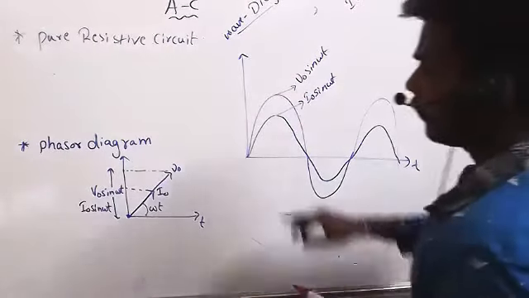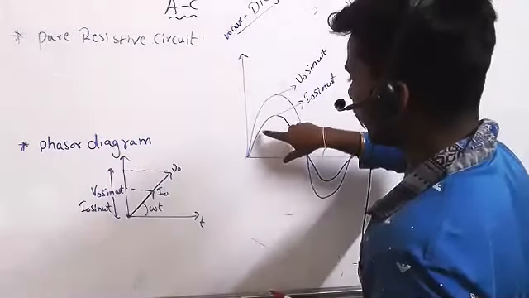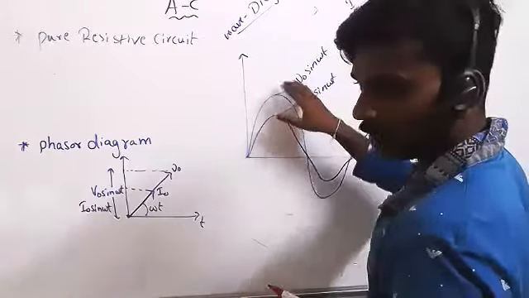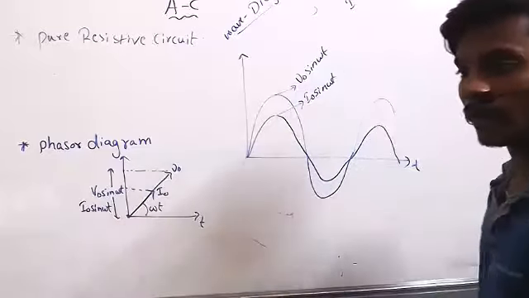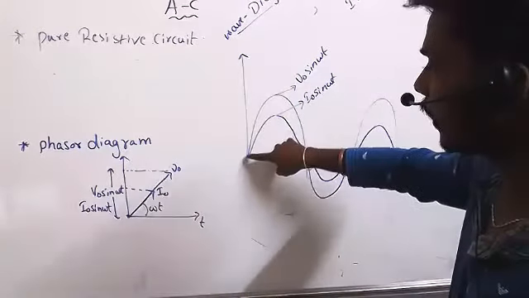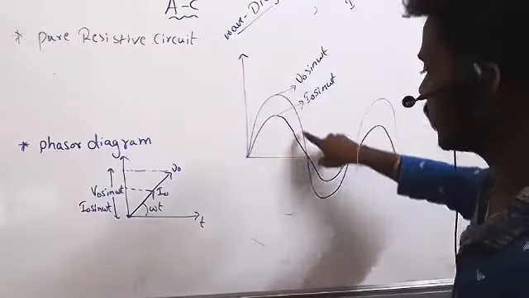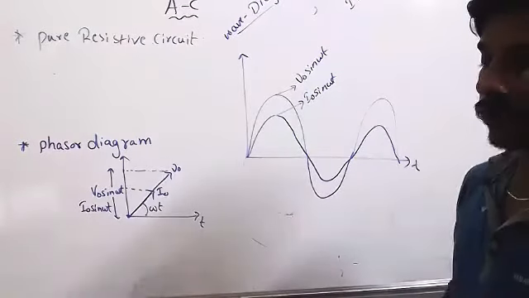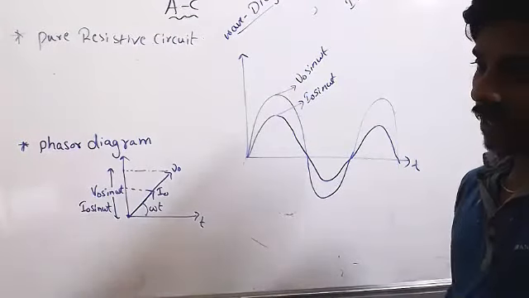But why have I not given both the same peak value? Do you have any idea? Why can't you draw the same line again and say that is I naught sine omega t?